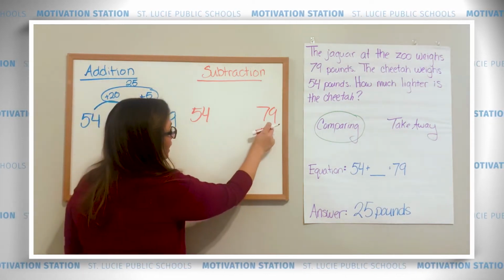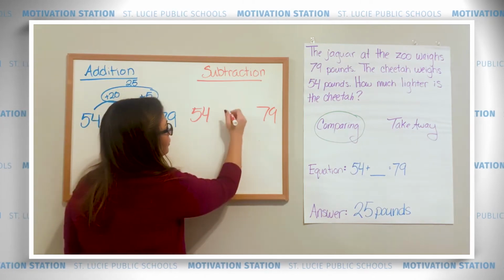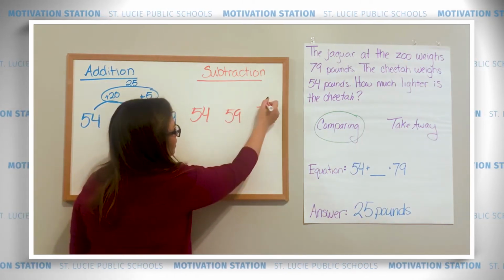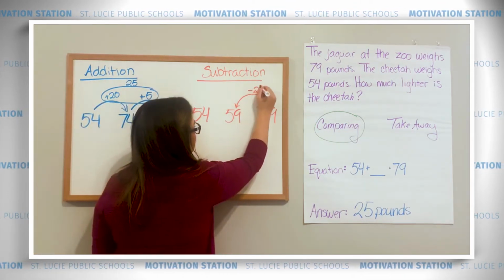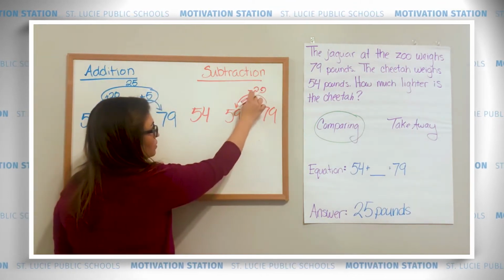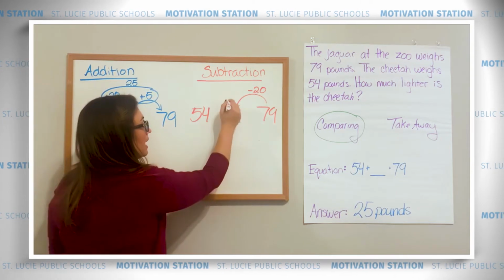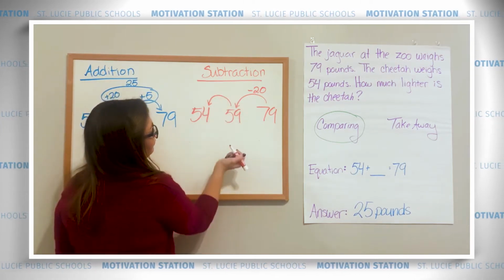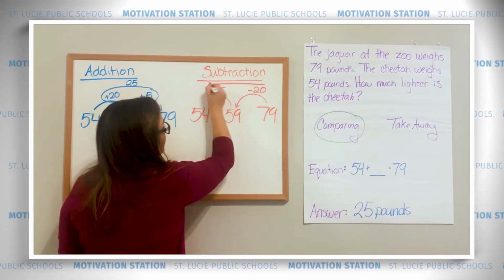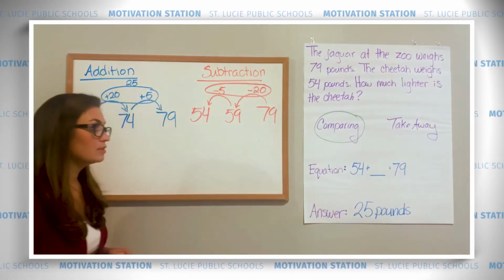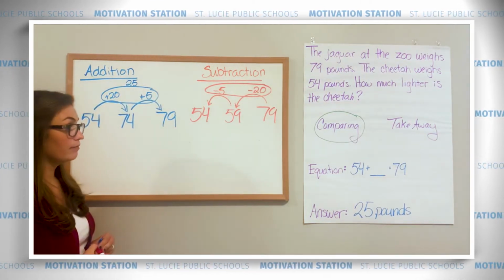So from 79, I could easily jump back to 59. Well, that would be a jump of minus 20. 79 minus 20 is 59. And then I could make an easy jump from 59 to 54, and that's minus 5. Here again, my answer is going to be 25.